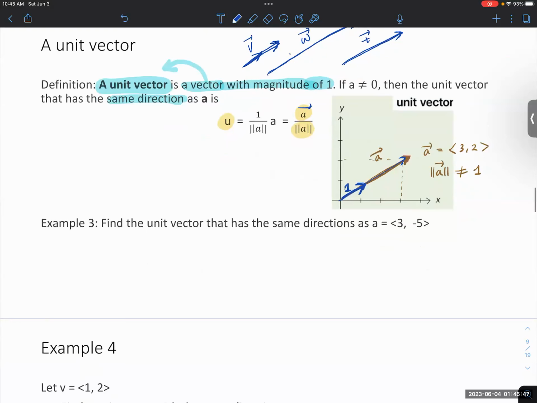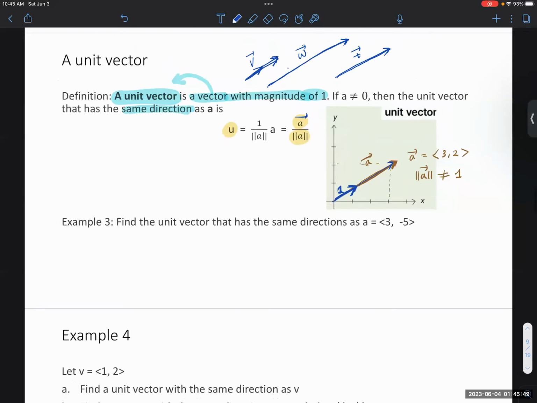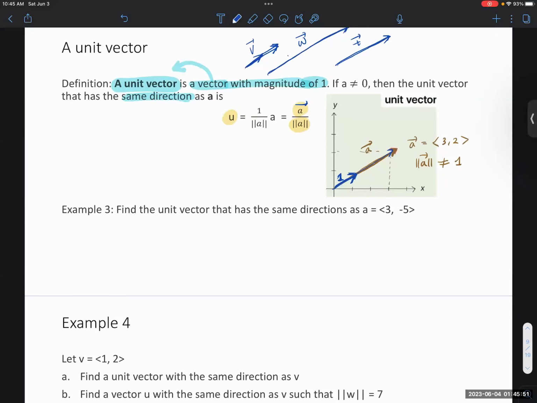So let's take a look at the example. This is exactly the example. I want to find out the unit vector that is the same direction as vector A. So vector A, if you draw that, 1, 2, 3, 1, 2, 3, 4, 5. So this is the A vector, (3, -5). So this is the direction, and that's the length.